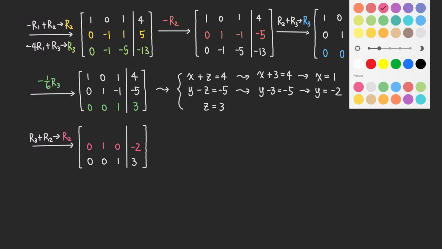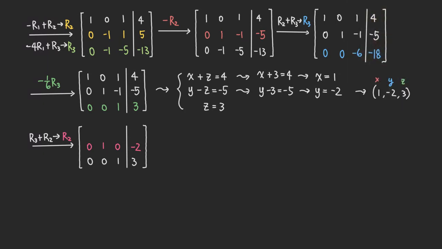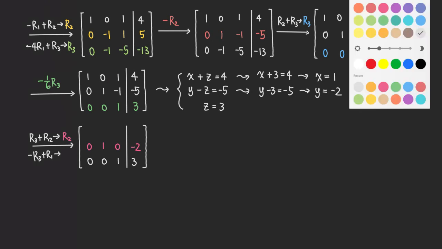And then we got to do one more. There's one more that we need to worry about here, which is to change row 1. You can see that there is a 1 right here above this one. So all we need to do is multiply this by -1 and then add to the first row. So we get negative row 3 plus row 1. And then remember, you're changing only row 1.